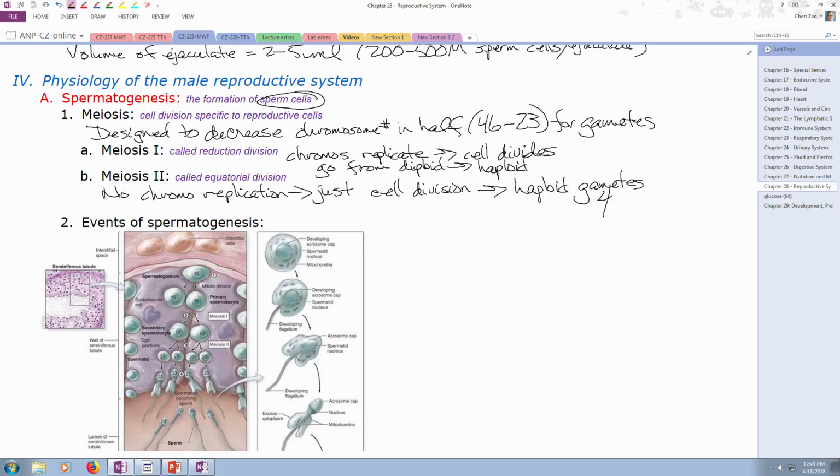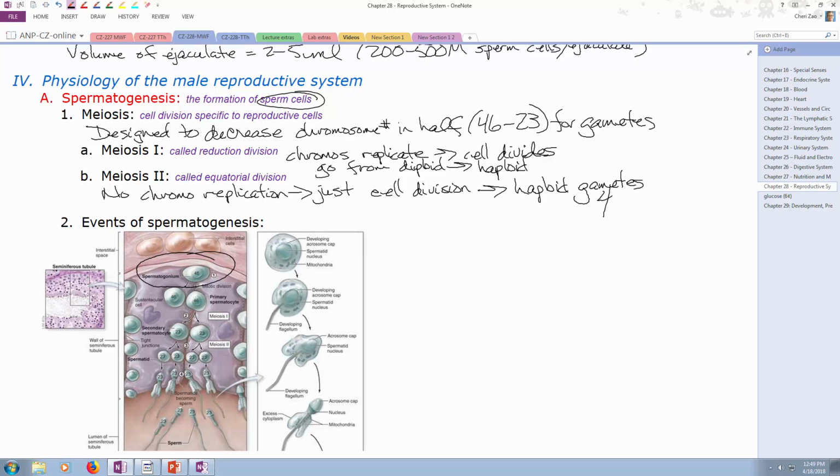We're going to stop here, but before we do, I want you to know that this cell here, spermatogonium, is mitotically active. Remember, with mitosis, we get 2 daughter cells that are the exact same copy of the mother cell. So oogonium and spermatogonium are the same thing: 46 chromosomes, mitotically active. That is where everything comes from.